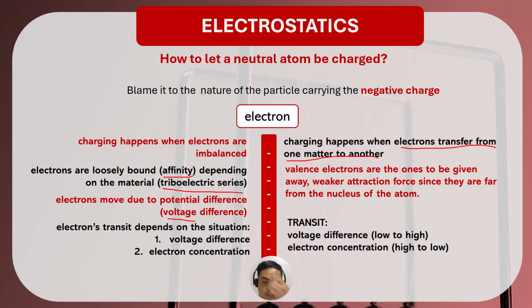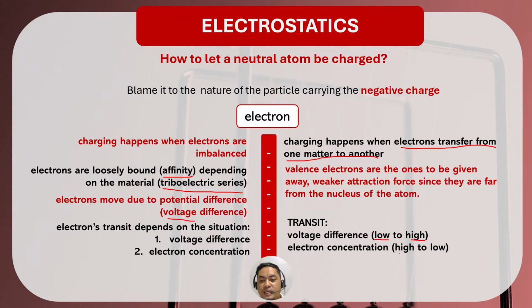Because, for example, or I will just make a separate slide for this. For example, class, low voltage means there are a lot of electrons in that. And then high voltage, less electrons. So if you connect it with electron concentration, it will always move from high to low.